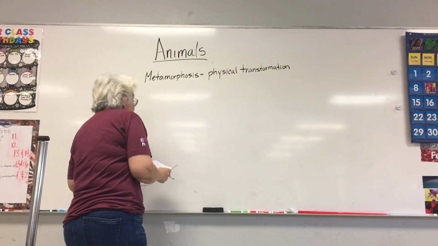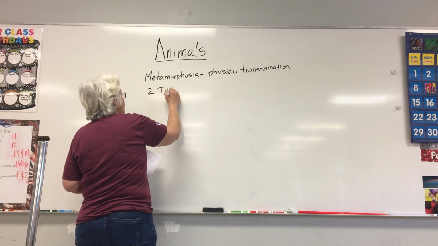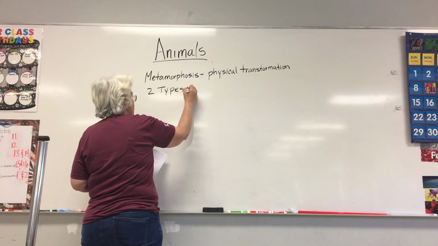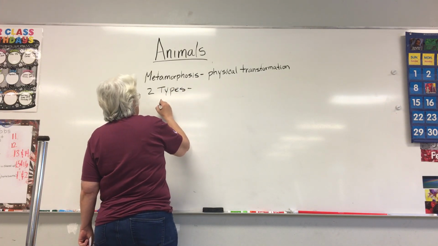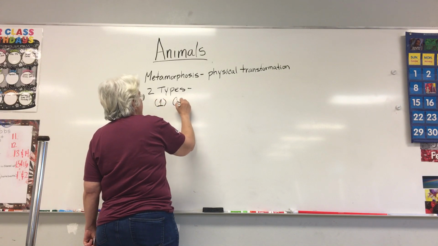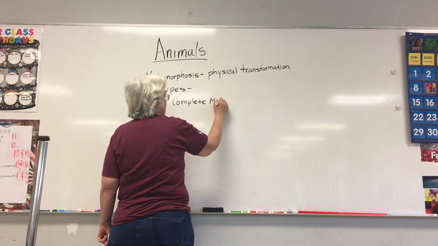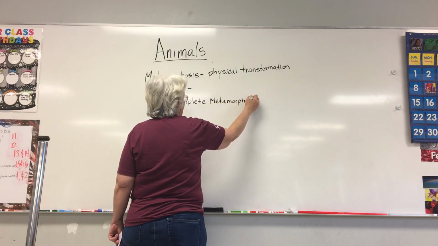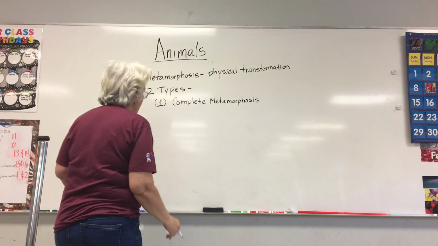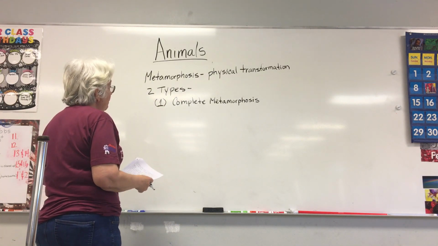There are 2 different types, and we're going to look at them one at a time. The first type is what we call complete metamorphosis. A good example of complete metamorphosis is a butterfly.